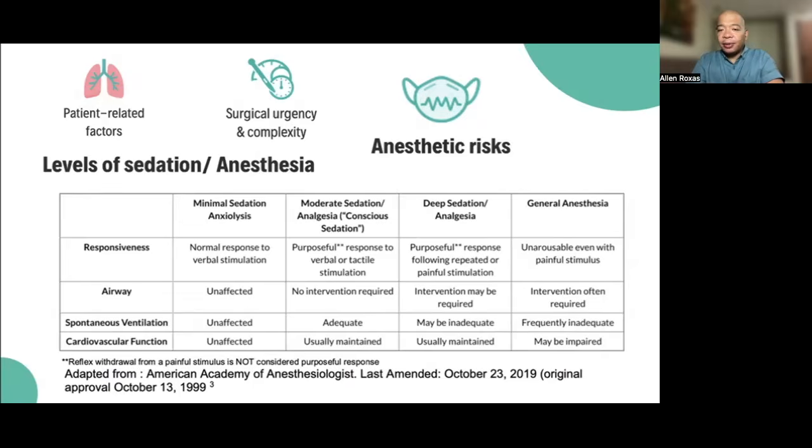Now let's go to the third and the final domain, which is anesthesia risk. Many perioperative respiratory complications are related not to the surgery itself, but to the airway management and anesthetic technique. Generally speaking, risk increases as airway manipulation increases. Also, the risk would depend on the level of sedation.